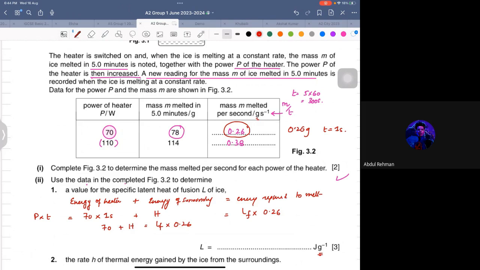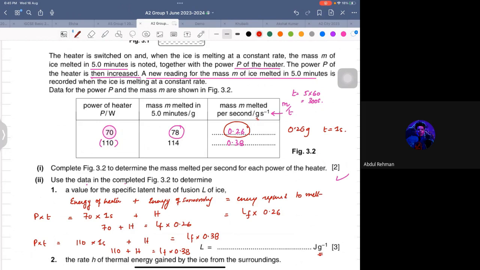So the other equation will be power into time. The new power was 110. In 1 second, the energy gained from the surroundings was H, and LF times 0.38. Do you guys get it? So I get 110 plus H equals LF times 0.38.